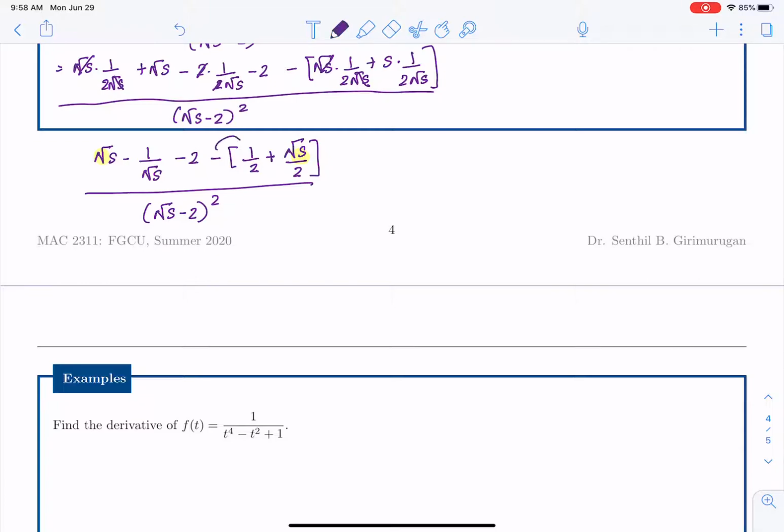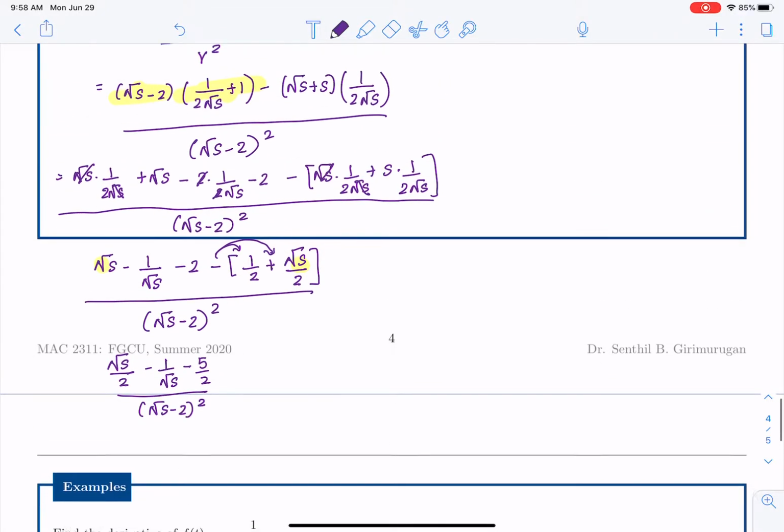Distribute the negative in, so we have square root of s minus square root of s over 2. So we will have square root of s over 2 minus 1 over square root of s. Negative 2, negative 1/2 is negative 5 over 2, divided by square root of s minus 2 squared.